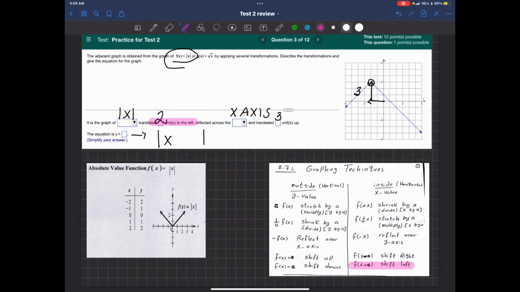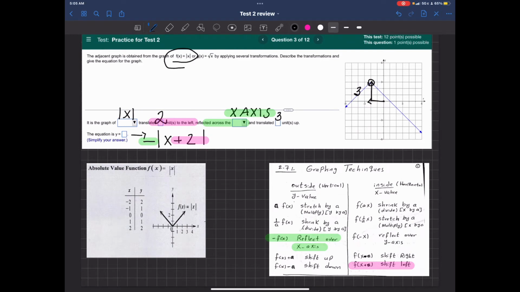So it's x plus 2. And then we reflected across the x-axis. A reflection across the x-axis happens on the outside of our function, so I'm going to write a negative out in front.